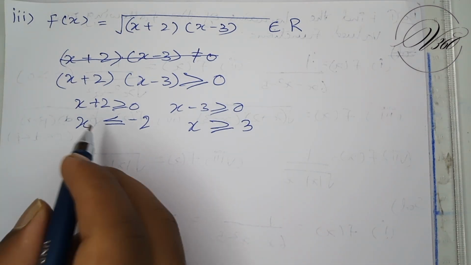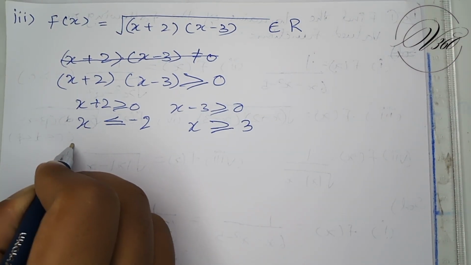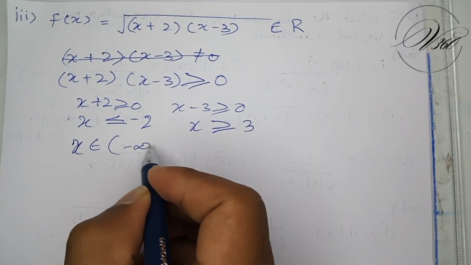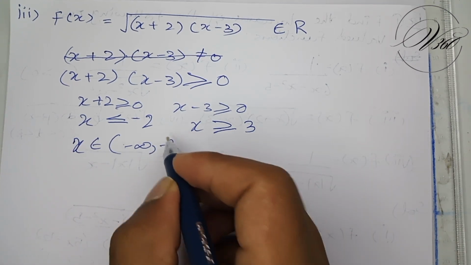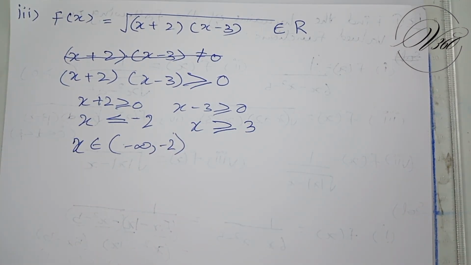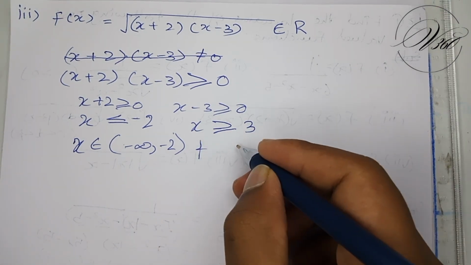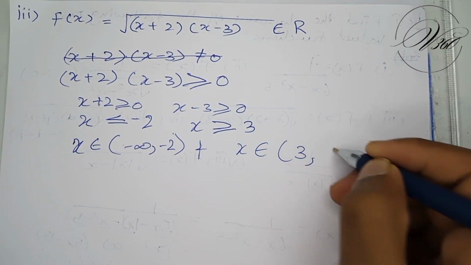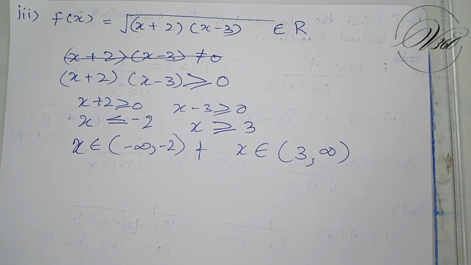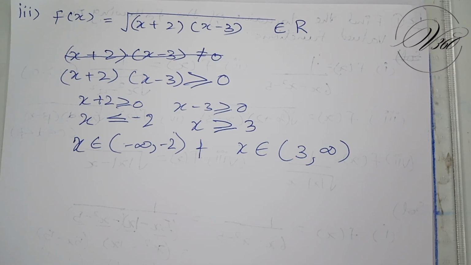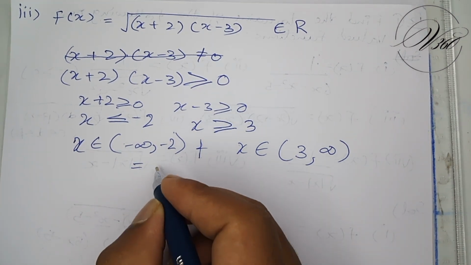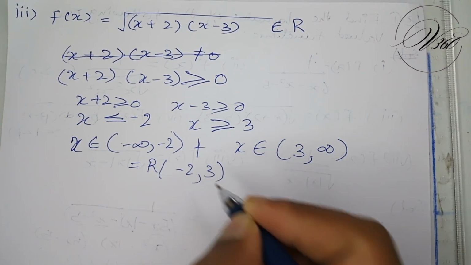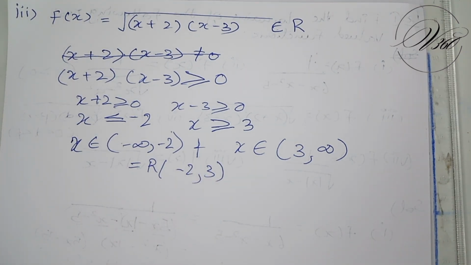Now we will write x belongs to minus infinity to minus 2, and here x belongs to 3 to infinity. Okay, this is the answer, that is R slash minus 2 to 3. Okay, this is the answer.